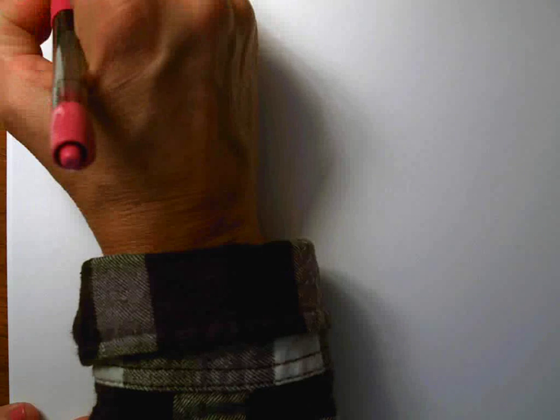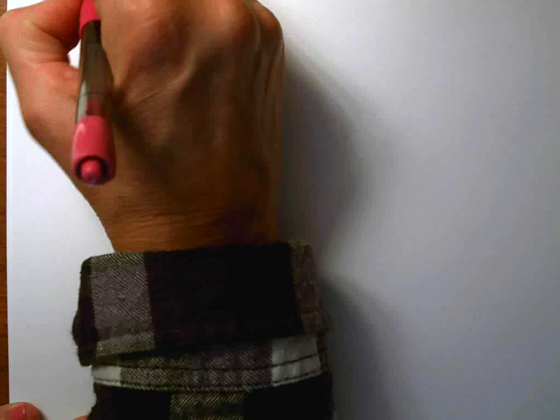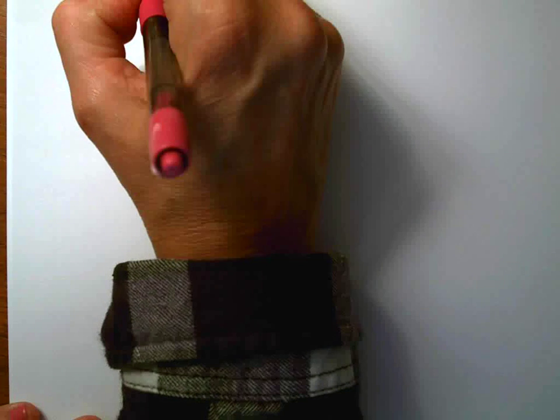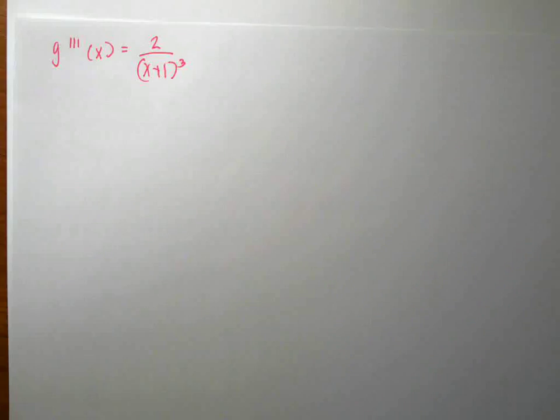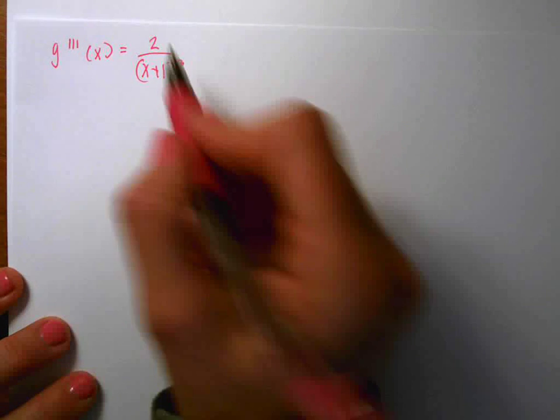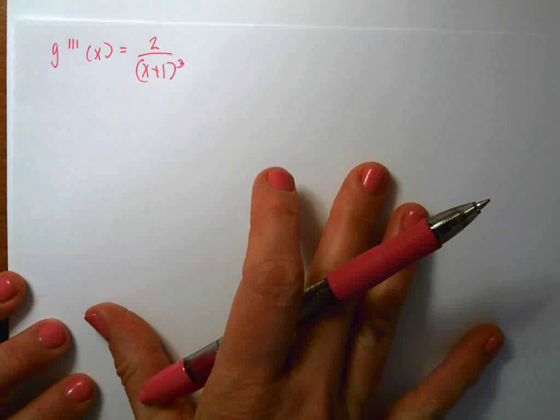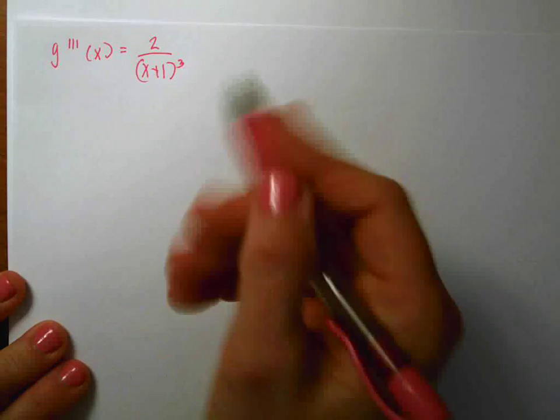Okay, so we're up to the third derivative, and that's going to be 2 over x plus 1 to the third. And remember, oops, you can't see it. Remember, when you evaluate these, it's easier if you make this a negative exponent and bring it up to the top when you're calculating your derivatives.